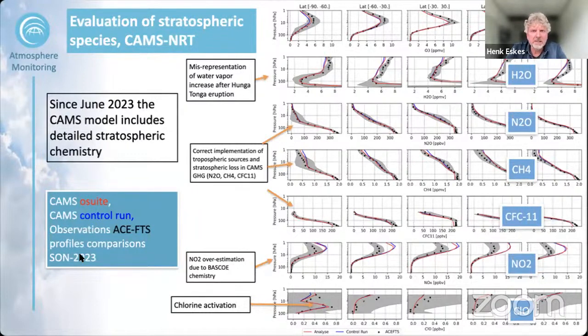So in this case, it's a combined plot showing water vapor, the N2O, greenhouse gas, methane, but also things like CFC11, which we can measure with satellites, NO2 and ClO, which is a measure of chlorine activation and breakdown of ozone close to the ozone hole in particular. So we can look at those species in detail, and that's really a new activity compared to what we did last year.